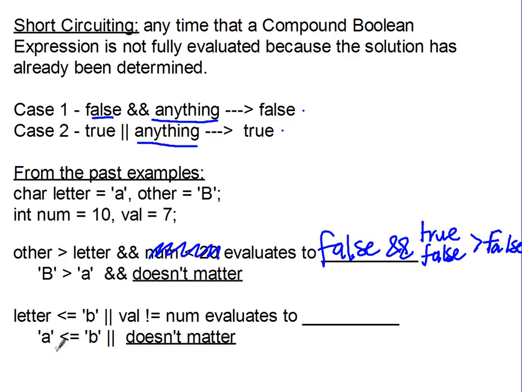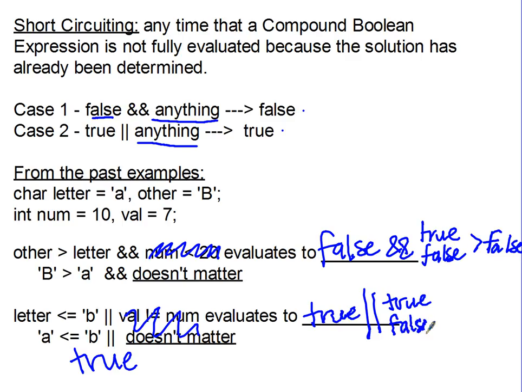Kind of in the same way, A less than B gives me true, and it doesn't matter what comes after that, because true or true, true or false, both of those result in true. And that's what we call short circuiting.